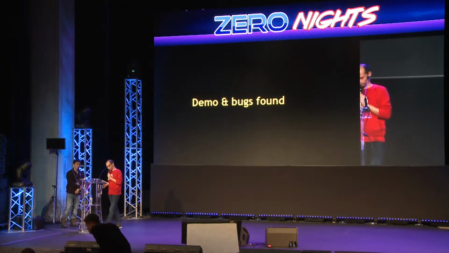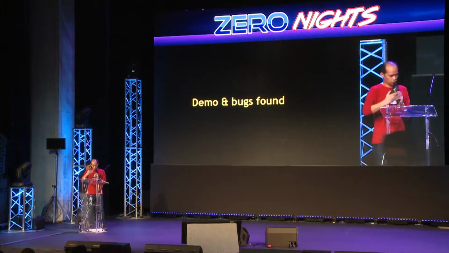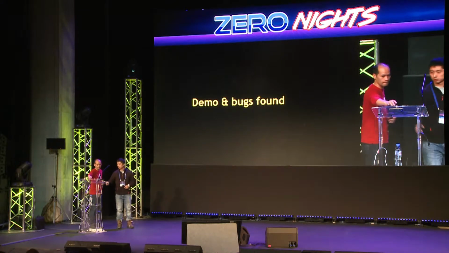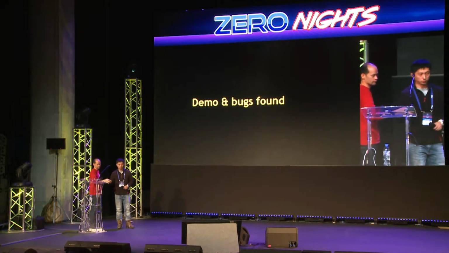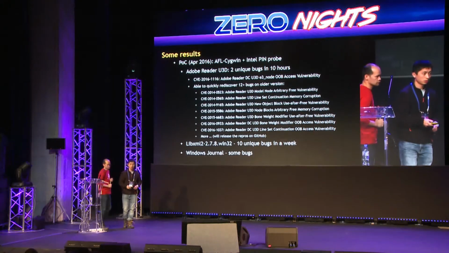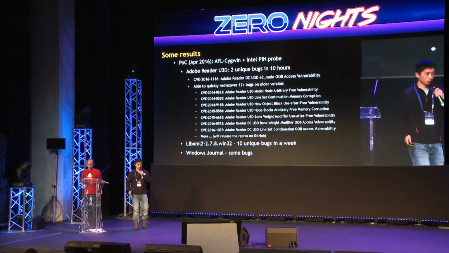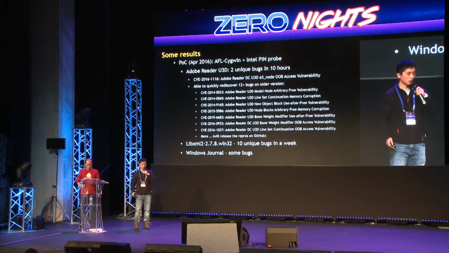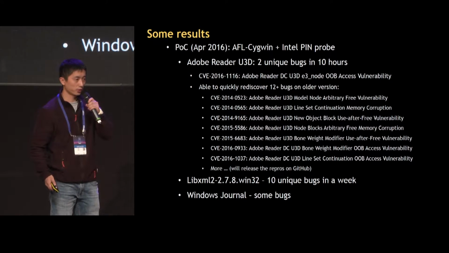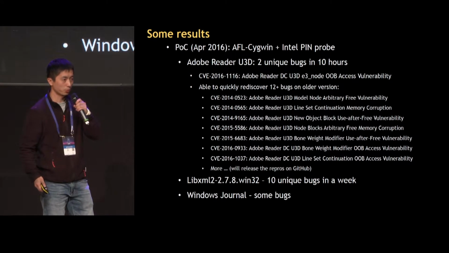You can see some screenshots to understand how Darko works. First we ran some simple experiments in the earlier version, the AFL sequence plus the Pin probe mode.